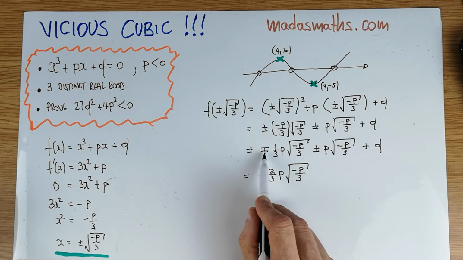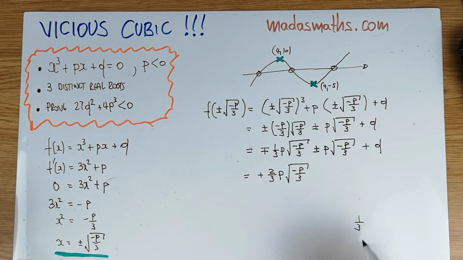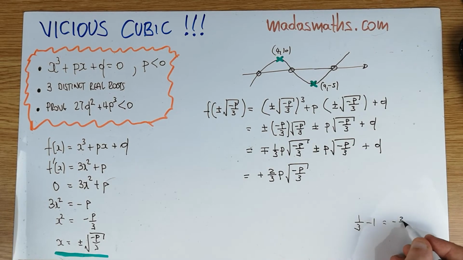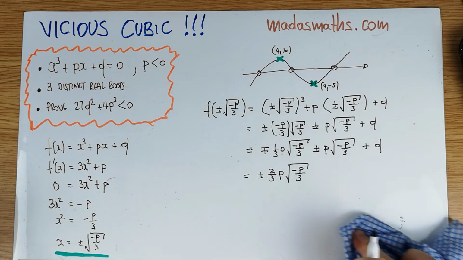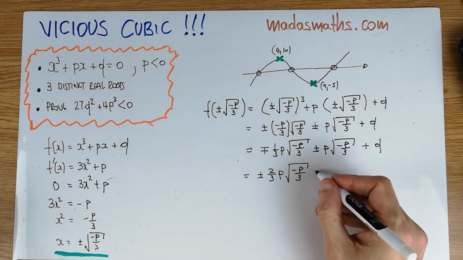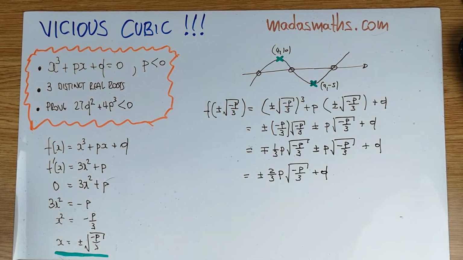If you go for the bottom one, you're going to get a plus 1/3 from this bit here, minus 1, so you're going to get a minus 2/3. So it's going to be looking something like that. So plus q. So the y coordinates basically are in fact the x coordinate. It doesn't really matter the x coordinate.